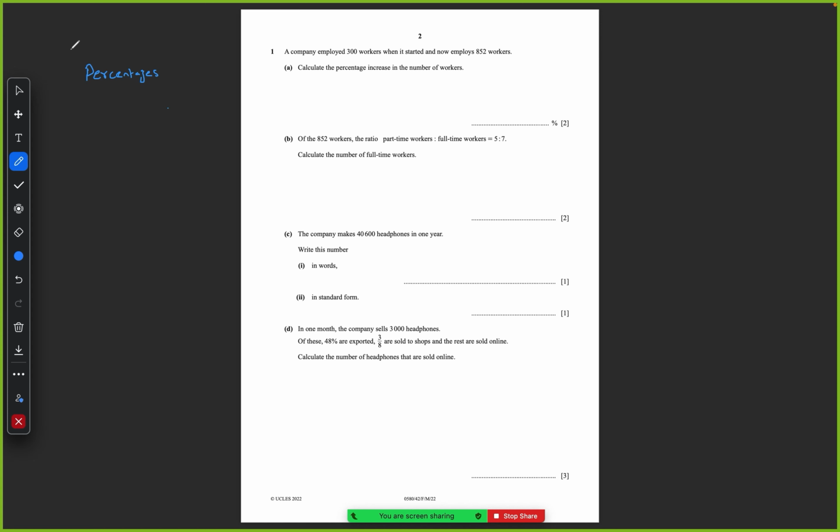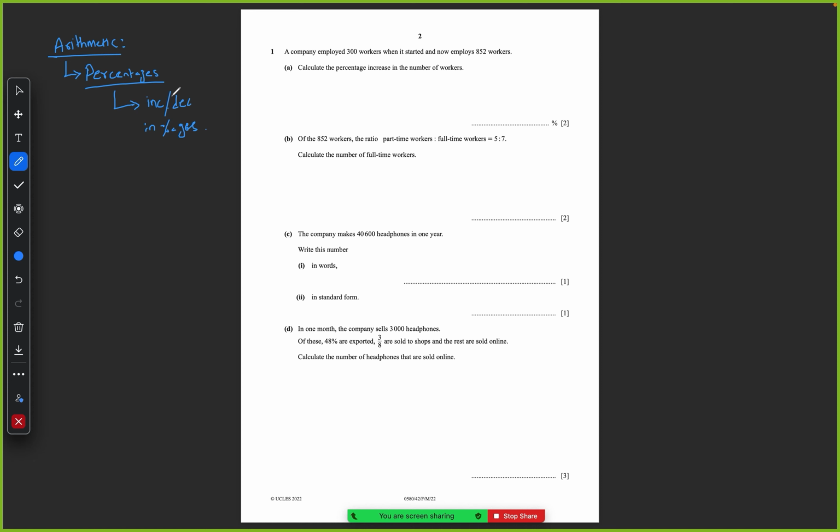And if you guys remember, we discussed the topic percentages when we were doing our topic 12, that was arithmetic. Now in percentages, we did a few concepts, in total 5 concepts. Type 3 was specifically related to calculating the increase and decrease in percentages. So that is basically most relevant to this question.